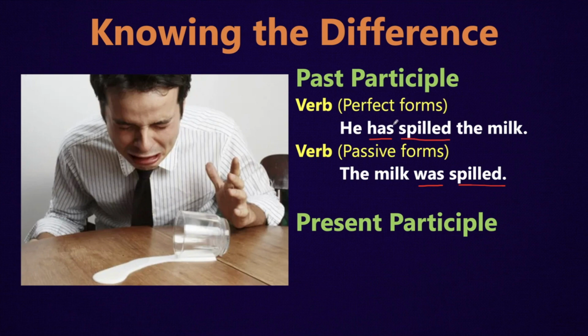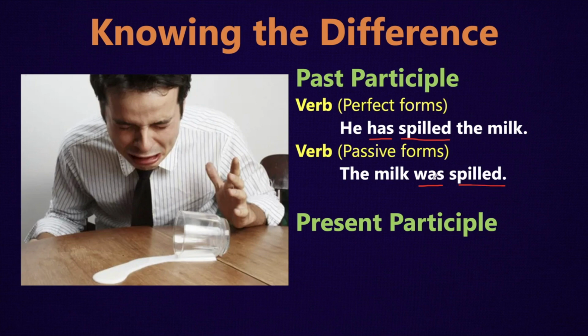So if the participle is being used in a perfect form, then you will see either have, has, or had before the verb. So we could say had spilled, has spilled, have spilled. So that would make it a perfect, past perfect, or present perfect. If it's being used as a passive form, then we will see a form of the be verb before spilled.